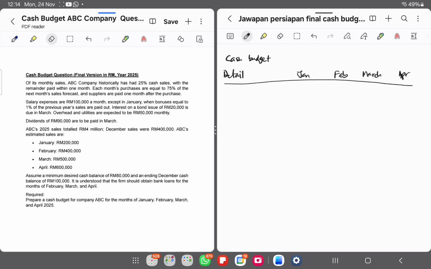Today I would like to explain to you how to answer these questions. This is under cash budget. It's about 20 marks on your final. The question is situated at the left of your screen, and at the right is the working or the final answer.